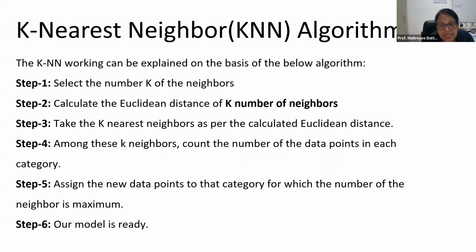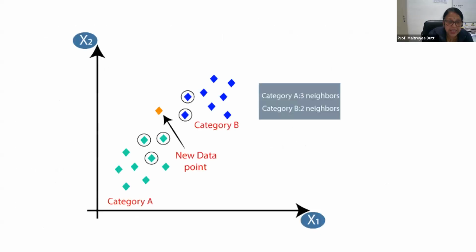Calculate the Euclidean distance of k number of neighbors. Now, with the help of examples, I will tell. So this is the one new data point, right? I have taken that k is equal to 5. So I will calculate the Euclidean distance between this point and every other point, each and every point.